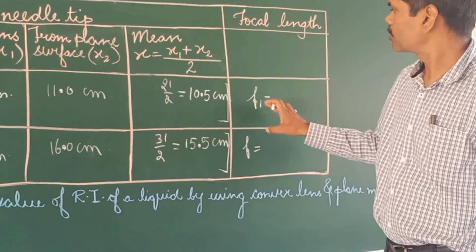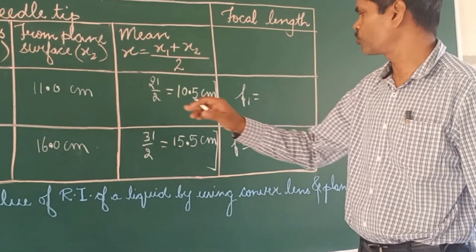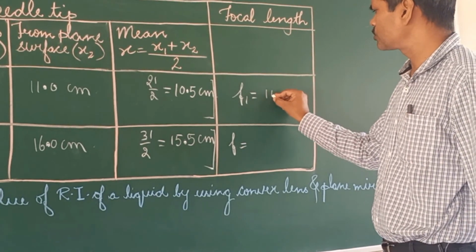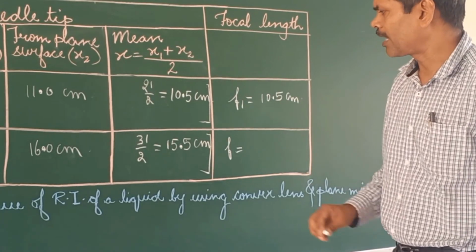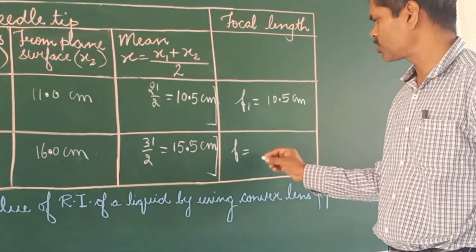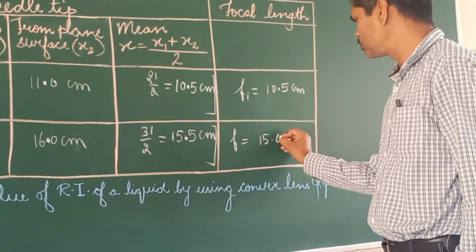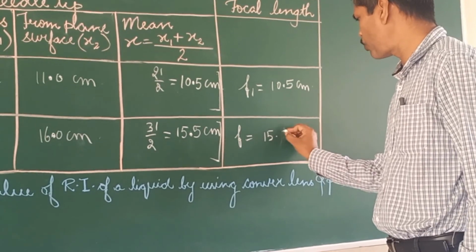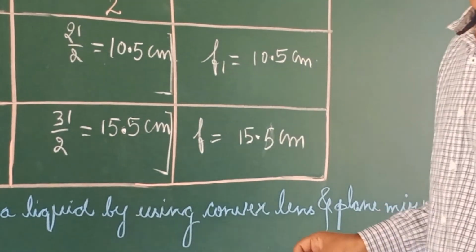You will get F1, the focal length of the convex lens without water, and it will come nearly 10.5 centimeter. The other is with water. This is the focal length F of the combination of lenses, and this is 15.0 or 15.5 centimeter. Clear?